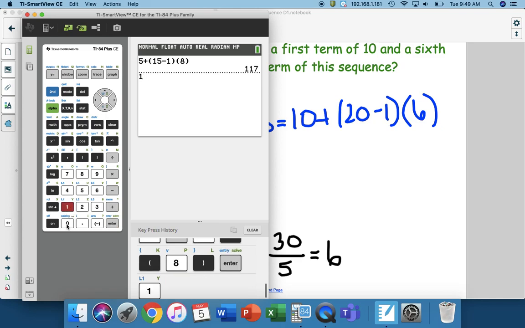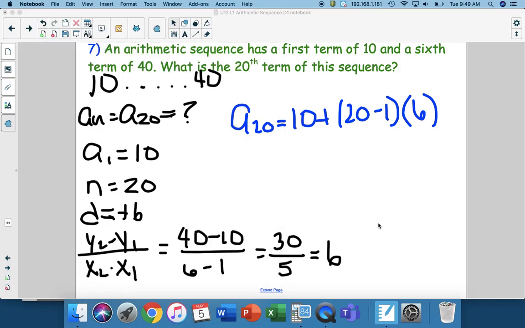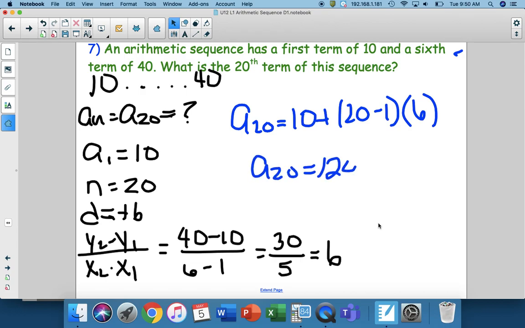So 10 plus parentheses, 20, make sure you put those parentheses, 20 minus 1, times 6, which is 124. So they're saying a20 equals 124.